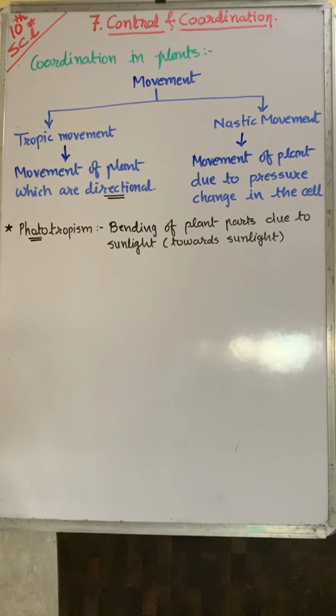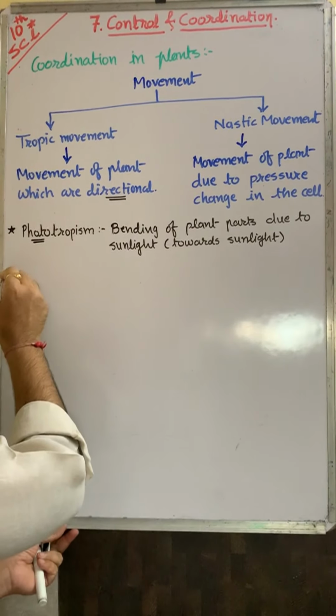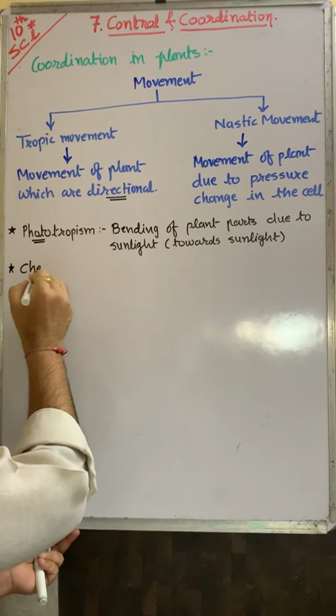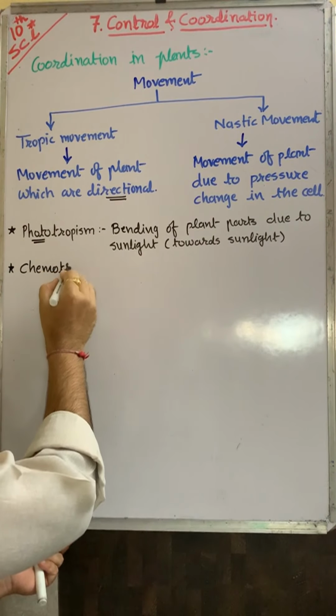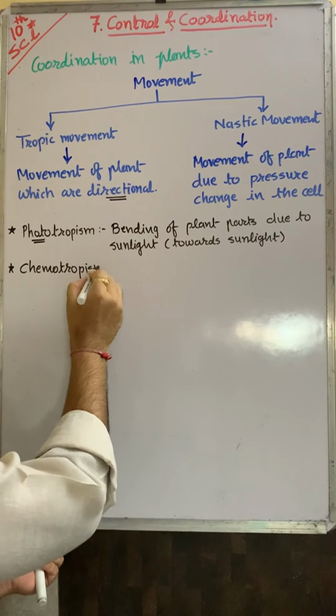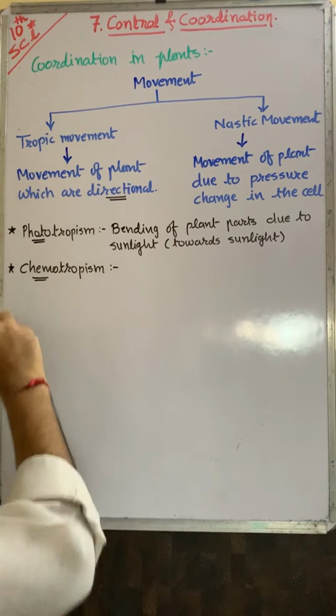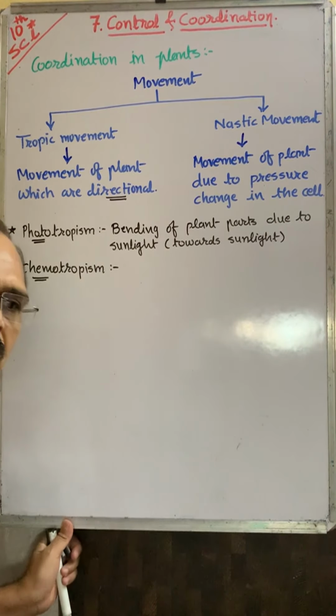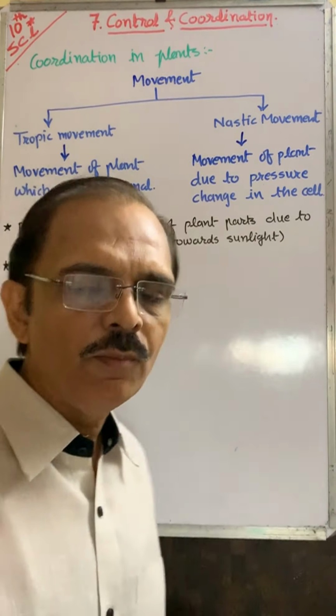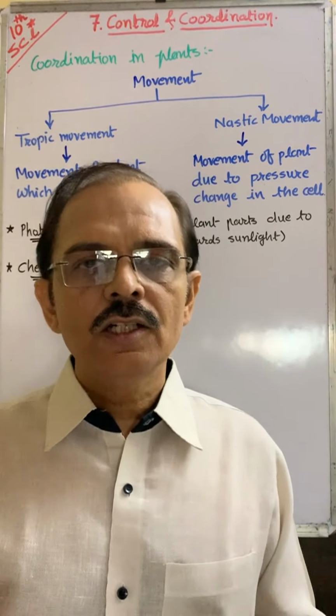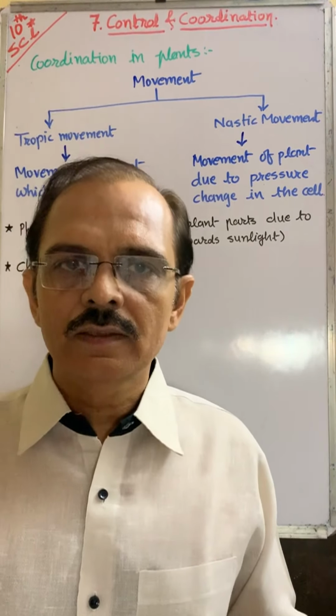Now after that, chemotropism. From the word you can easily understand: chemo means chemical. Here tropism means directional movement.